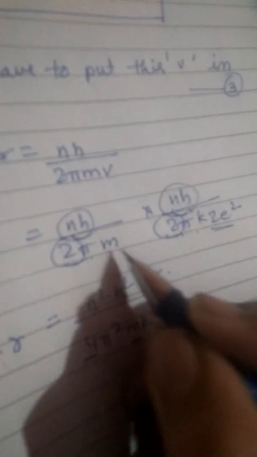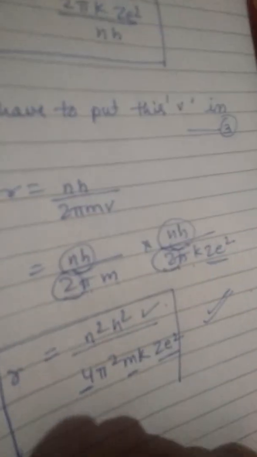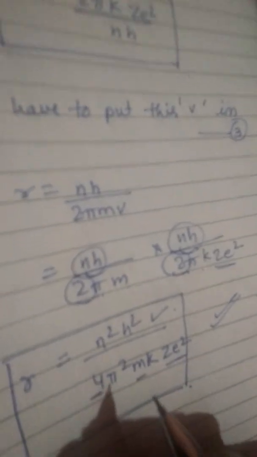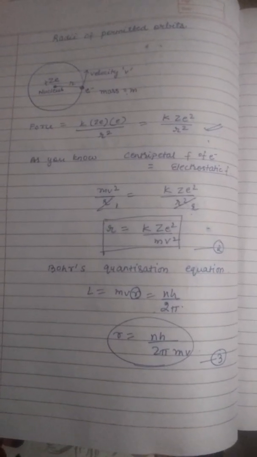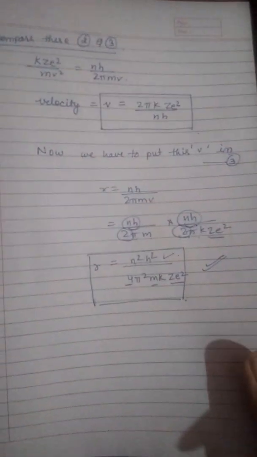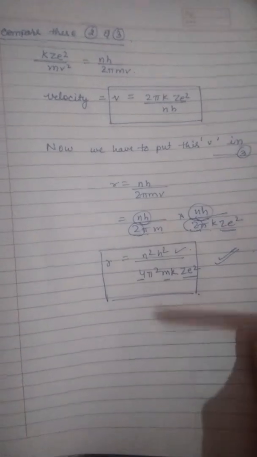We were just checking any value left or not, so it is perfect. It is the radius for the permitted orbit. So it is the complete derivation you can see. Firstly, we have to find the velocity, applying three equations in total. Then we will get the radius.